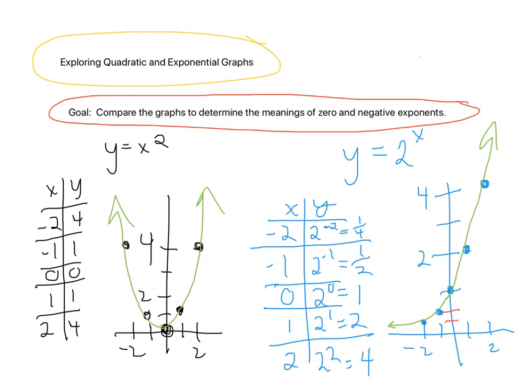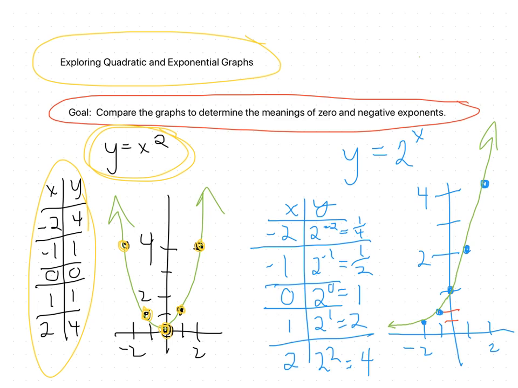As you can see at the bottom, we have two graphs. On the left, we have a quadratic graph. You can see from the table of values that's given, and then you can see the plotted points and the vertex. If we go left 1 and right 1 from the vertex, we move up to 1, and if we go left 2 and right 2 from the vertex, we are up to 4.